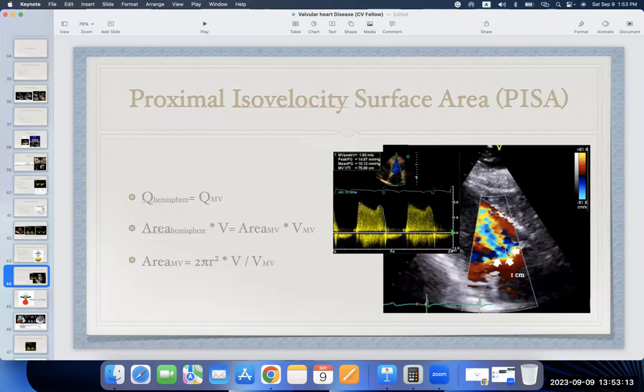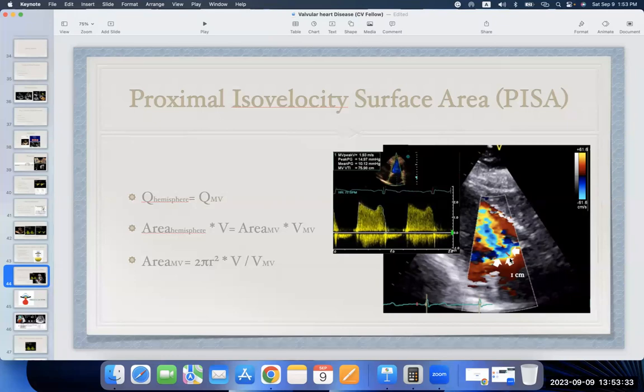And then you will have a better, even hemisphere. And then you will use the number at the top, because the number at the top will represent the velocity at the surface of the hemisphere. So this is how we measure it.